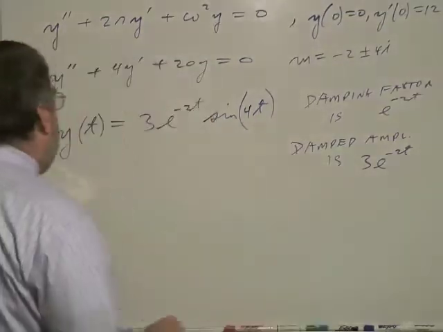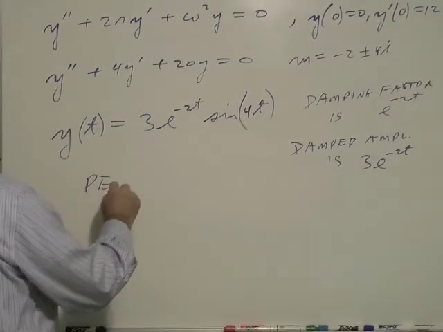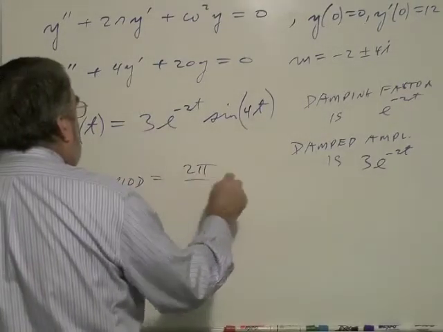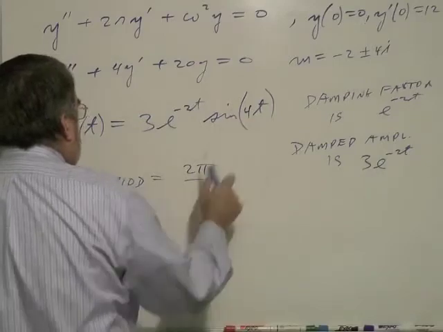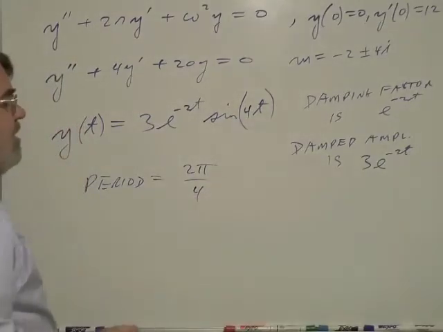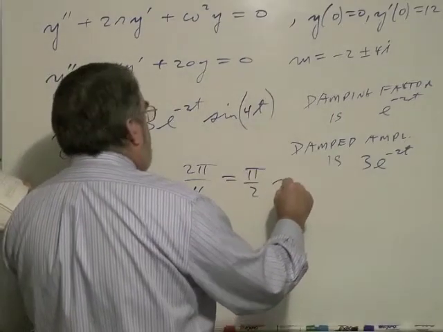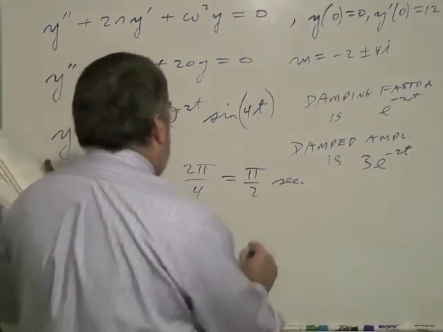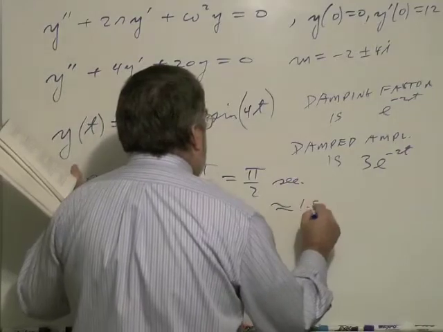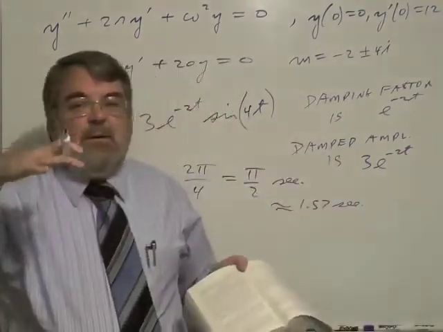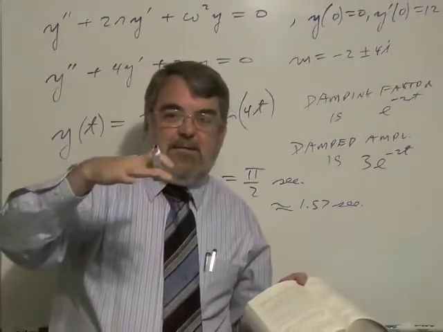That's called period. So the period is measured by 2 pi divided by the coefficient of the time. 2 pi divided by 4 is pi over 2 seconds, which is about 1.57 seconds. So that's how long it takes for one complete up and down.